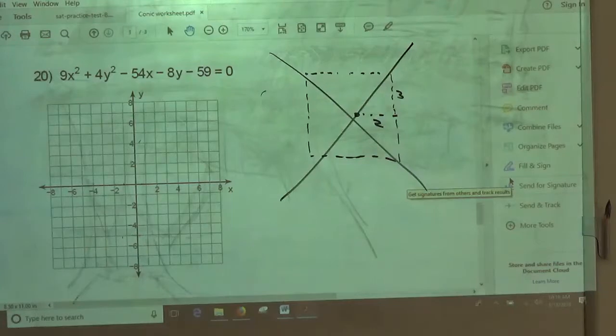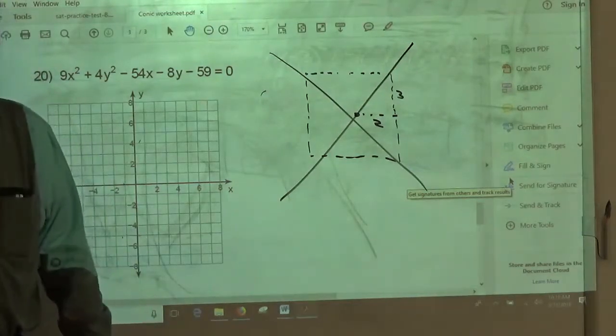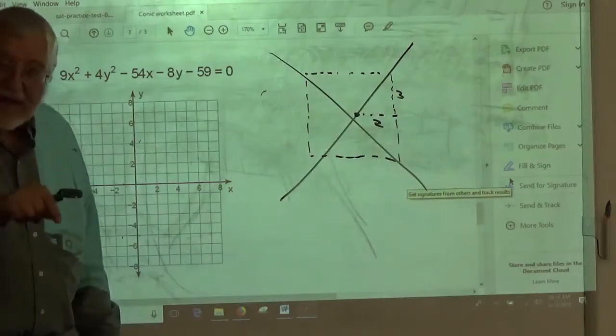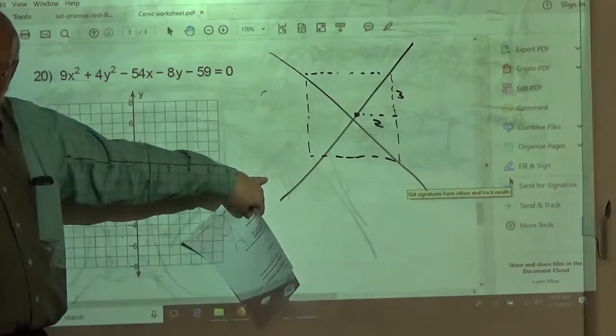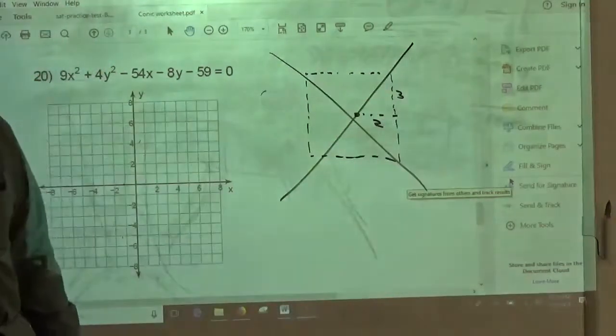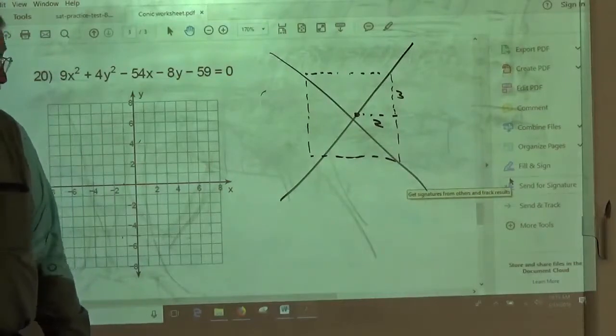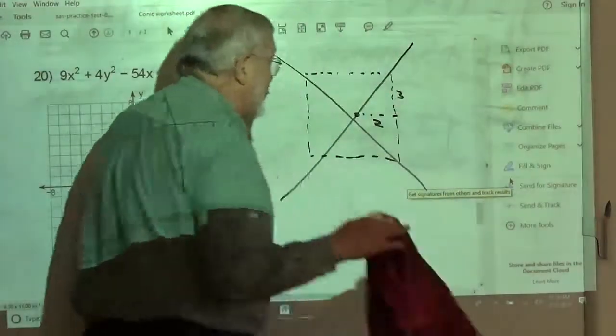Okay? And what I've found over the years, it's easier to teach the box that you use with the ellipse, and use the box and just draw in the diagonals rather than use the slope of this, which is necessary but not needed. Okay, does that make sense?